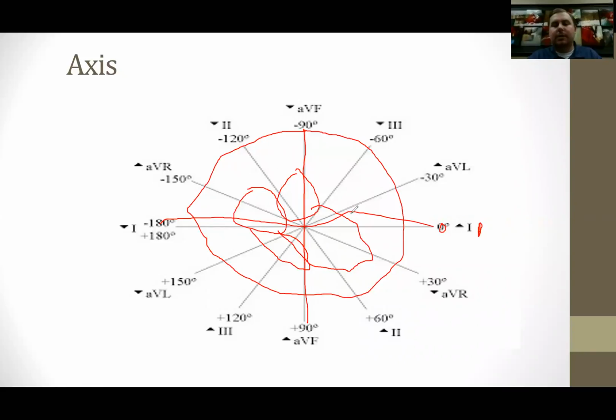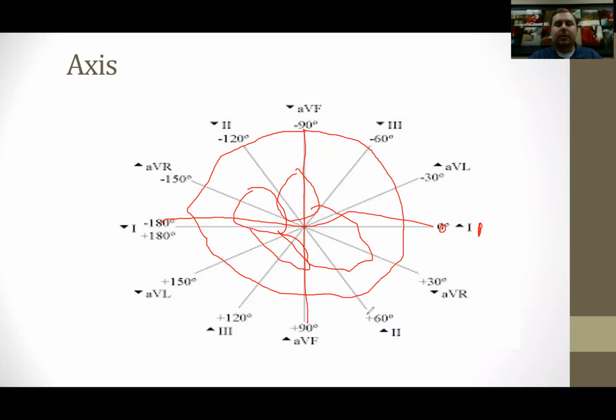So lead 1 is looking at the lateral wall. My other lateral lead for the hexaxial leads, which is 1 through 3, and then aVR, aVL, aVF, is aVL. And aVL sits here at negative 30, and if it's looking in, it's also looking over here at this high lateral wall. So aVL is associated with negative 30.